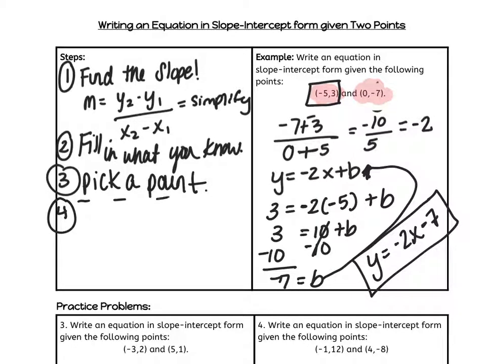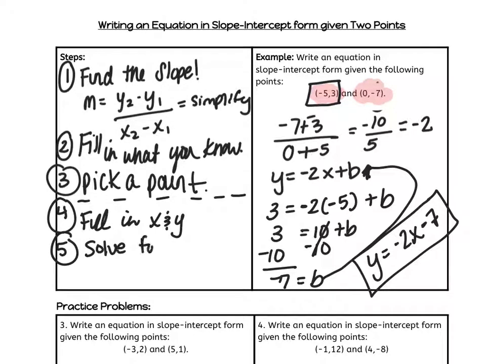After you pick your point to use, step 4 is filling in your x and your y. Step 5, you are solving for your b. And then you're writing in slope-intercept form.